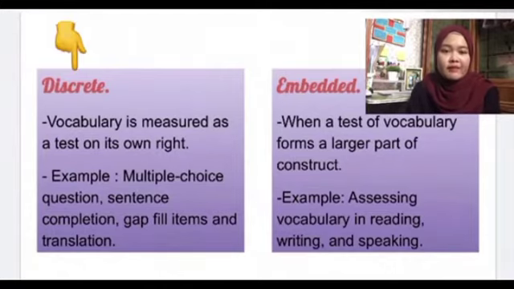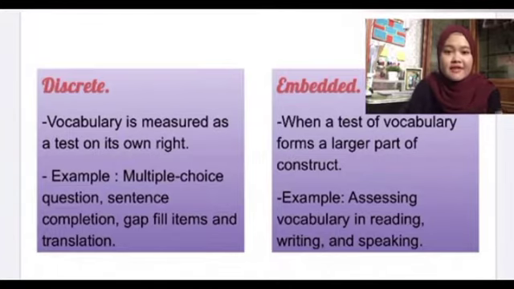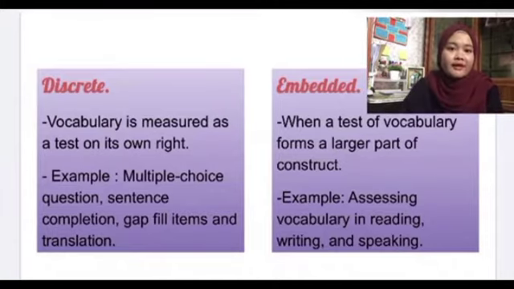In discrete vocabulary assessment, vocabulary is measured as a test in its own right. Some examples for discrete vocabulary assessment are multiple choice questions, sentence completion or gap fill items, and translation. While embedded vocabulary assessment happens when a test of vocabulary forms a larger part of a construct.